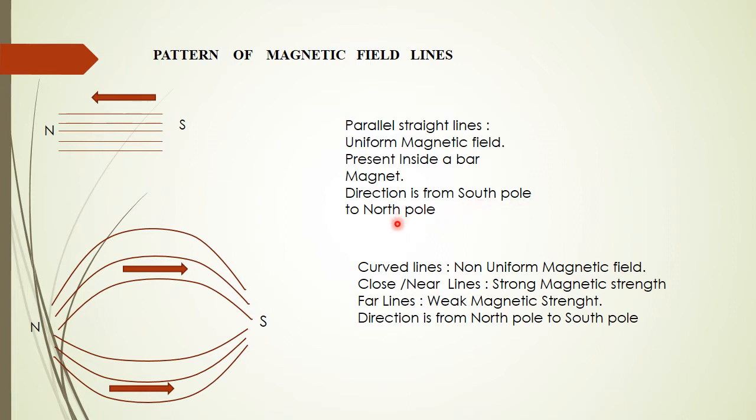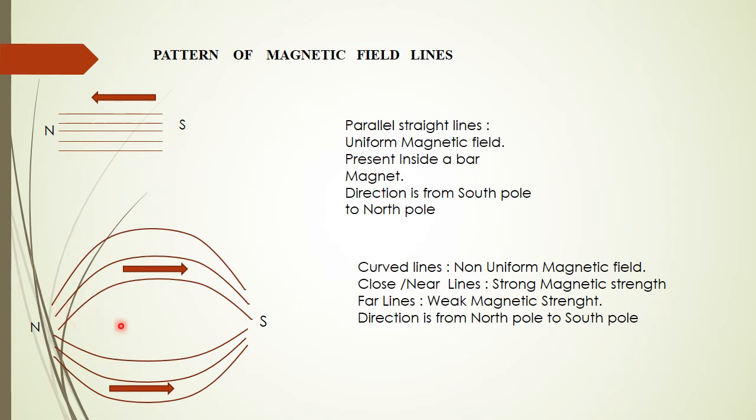You have to remember this. But outside a magnet, the magnetic field lines are in the form of curved lines which start from north pole and enter into south pole. The distance between two magnetic field lines here is more in comparison to the distance between them here.